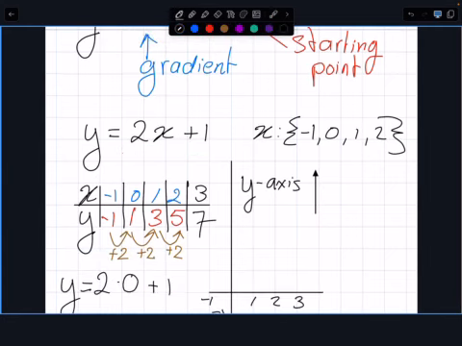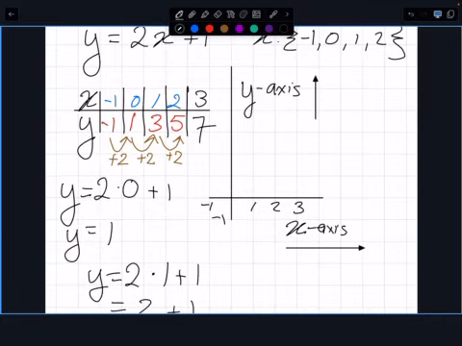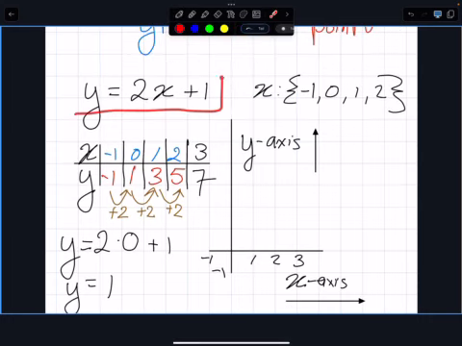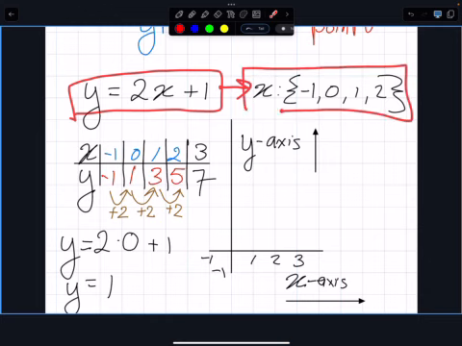Now to draw the graph, yes. This is given to you, and this is also given to you. This means these are the x values.